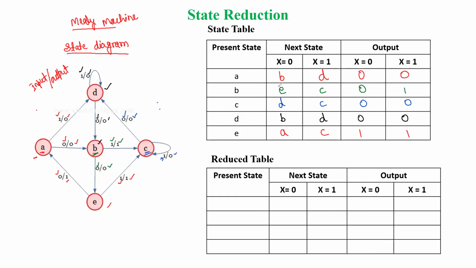Now observe which states have the same next states. Here, present states A and D both have the same next states, BD, and here also BD.